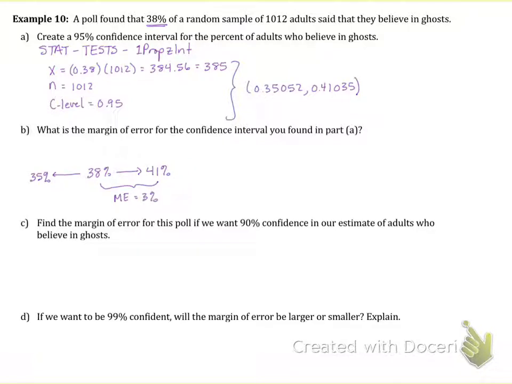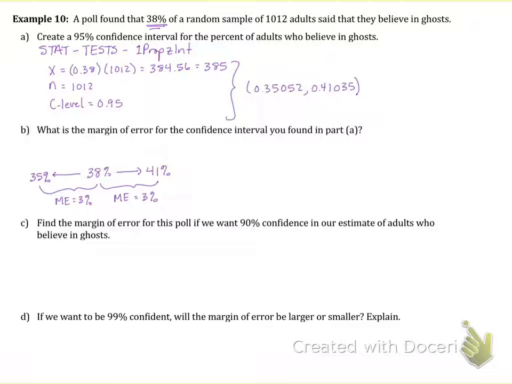And notice that it doesn't matter if you're looking at the upper bound or the lower bound, you still get a margin of error of 3%. So it's basically telling you that 3% in either direction of this 38%, which was our sample proportion, gives us our confidence interval.